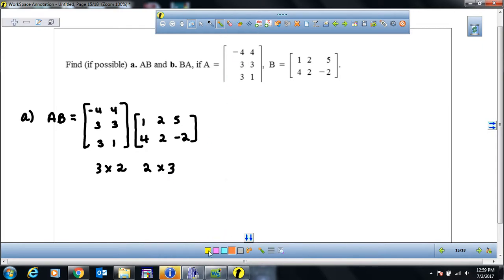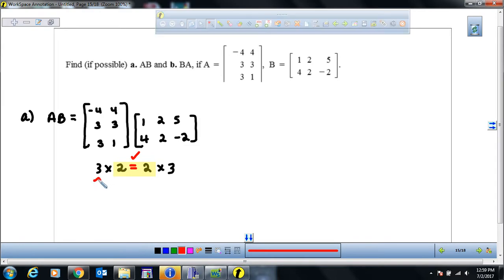So in order for two matrices to be multiplied, so for the multiplication to be possible, we need to check that the number of columns of the first matrix is equal to the number of rows of the second matrix. In other words, the two numbers in the middle of the dimensions must be equal. And my final matrix is going to be the first dimension by the last dimension, which is going to be a 3 by 3 matrix.